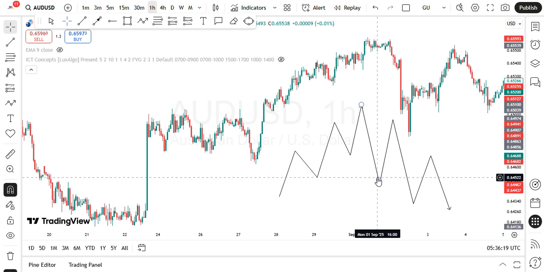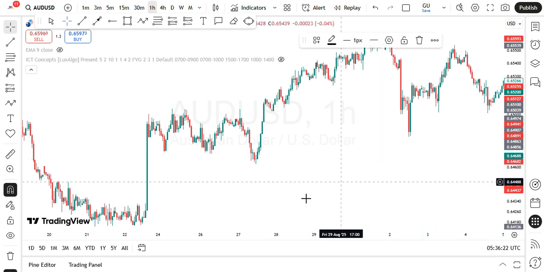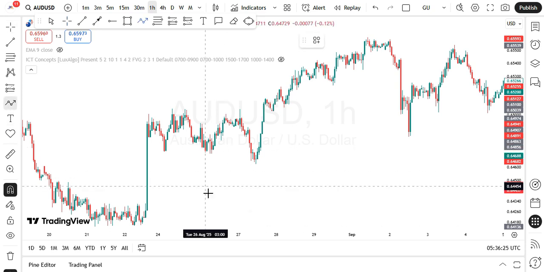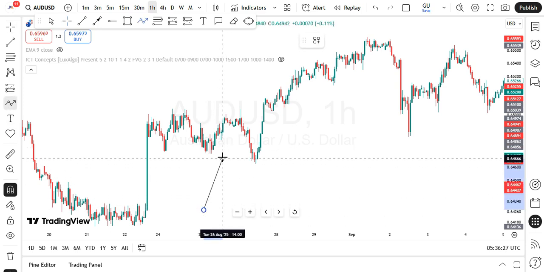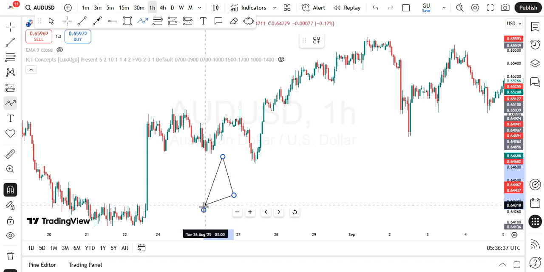Now, what that means is that for every structure that is being printed, we have a low, we have a high, we have a higher low. As much as this higher low is here, this structure is valid as long as it has not gone below this low.